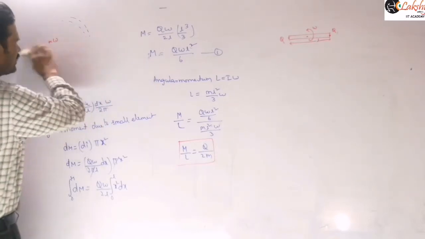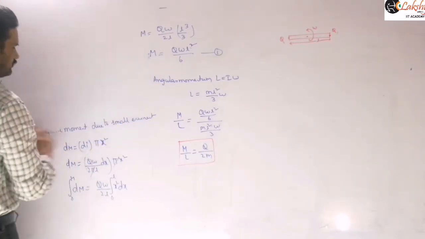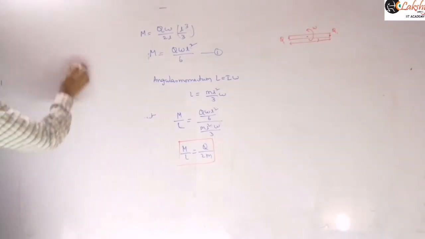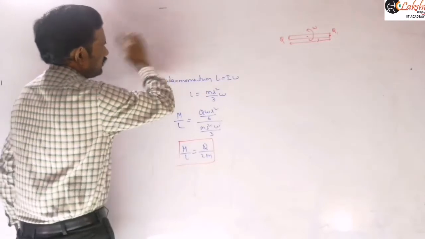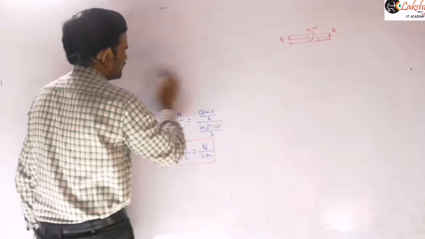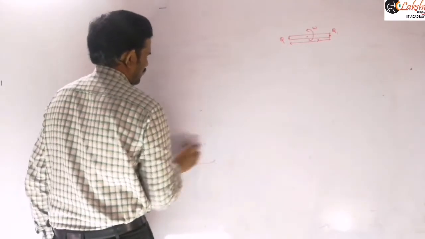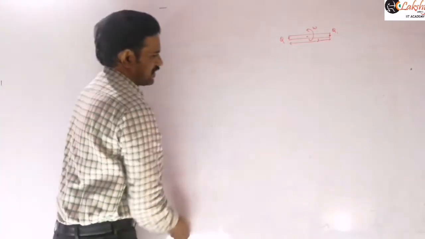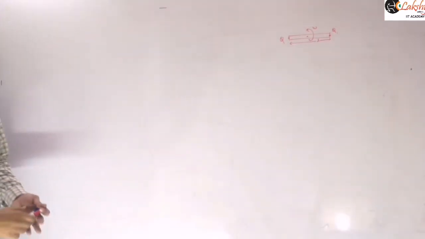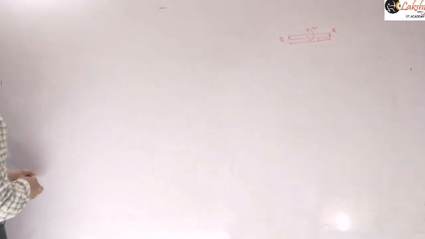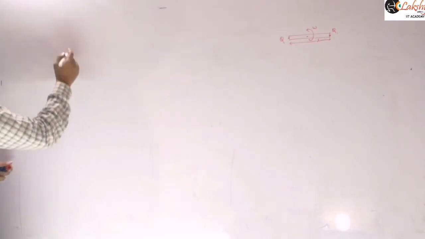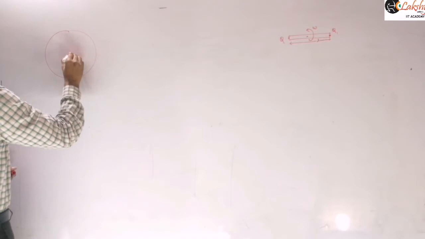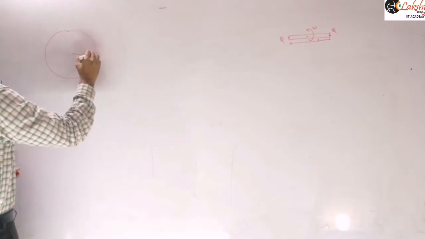And next here let us write another problem. Write the next problem. The surface charge density of a circular disk of radius r and mass m is sigma.